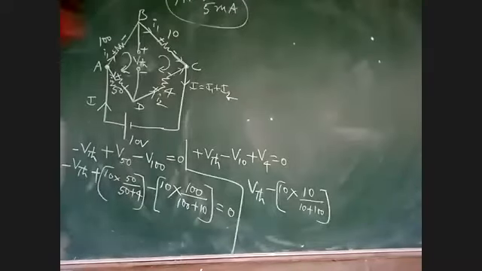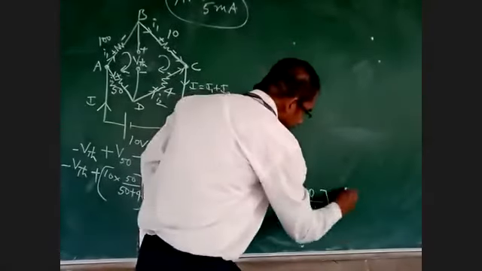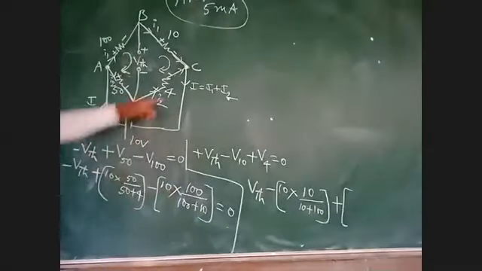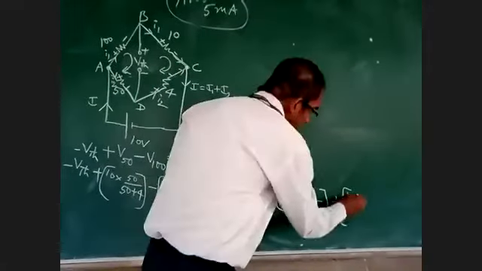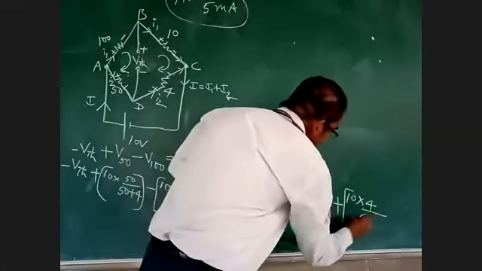Now voltage in 4 ohms is equal to the total voltage, 10, the battery voltage. Our same branch resistance is 4.